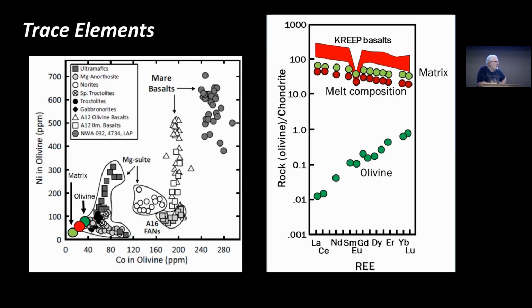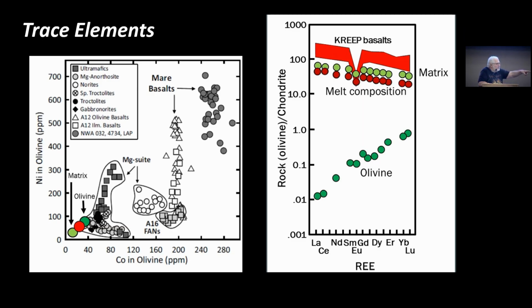This illustrates some of the trace element characteristics. In the diagram to your left, this is nickel plotted against cobalt. You can see, at least for the olivines, they tend to plot right near the olivines in the magnesium suite. So these tend to mimic, or at least be very similar to, what one sees in the plutonic rocks representing the magnesium suite.